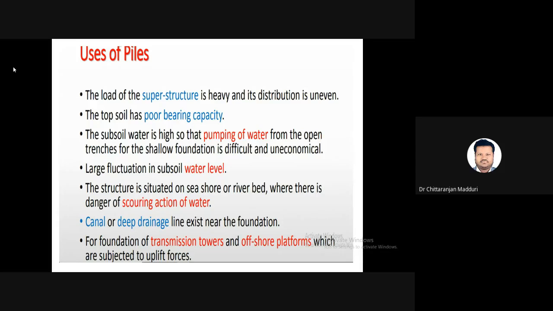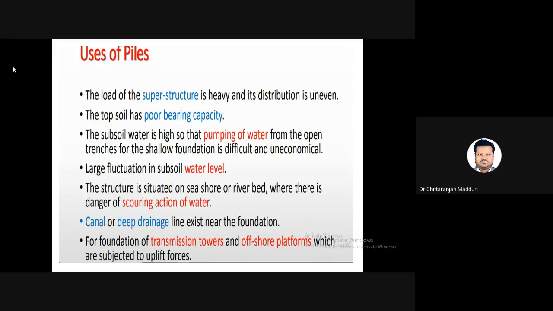Next, the subsoil water is high, so pumping of water from the open trenches for the shallow foundation is difficult and uneconomical. Whenever the water table is at or near the ground level, dewatering becomes difficult. That's why we need to go for deep foundations.